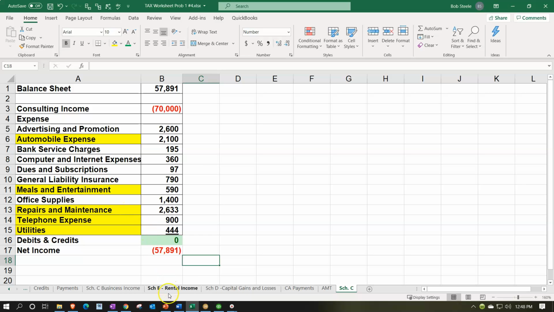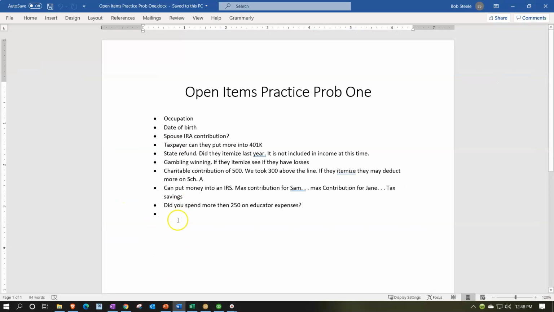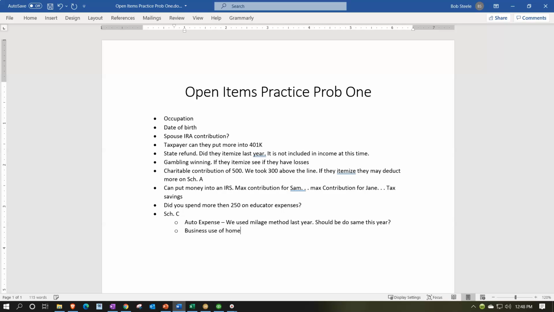So I might put in my open items here, the Schedule C. I might have a Schedule C auto expense, and I might note here, we used the mileage method last year. Should we do the same this year? Or something like that. Business use of home, so home office, right?